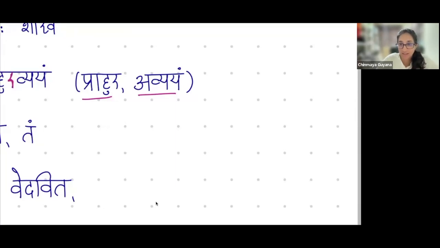Prahur avyayam will become, I think you can guess without any rule. The rahalant, what? You have a u visarga plus a equals rahalant. This rule sounds familiar? Okay.